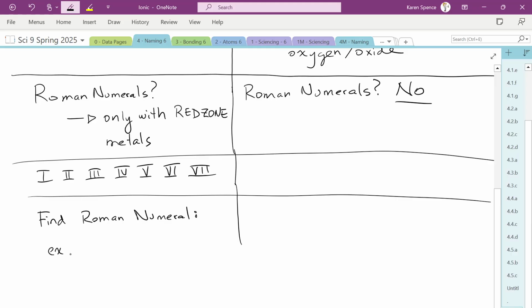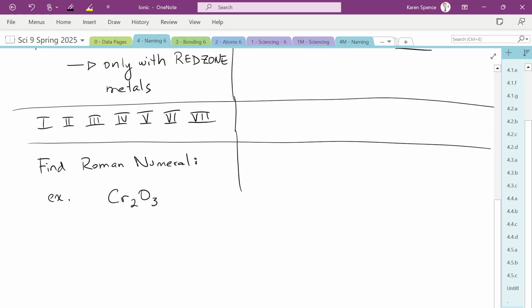So for example, if you had Cr2O3, you would say I have OOO, and I have Cr, and I know that oxygen is 2 negative, 2 negative, 2 negative.